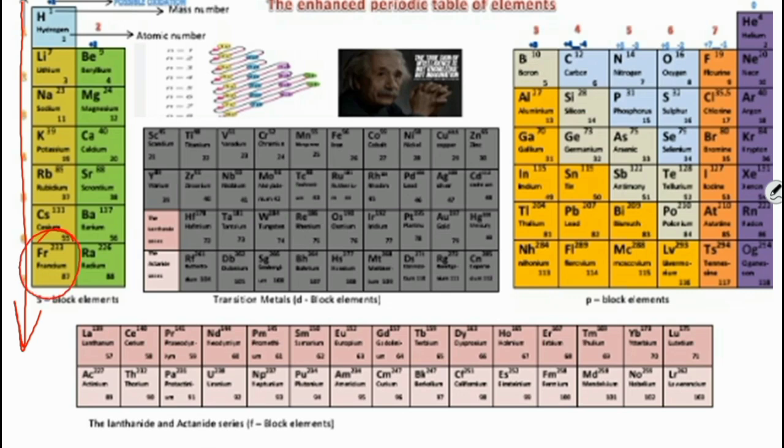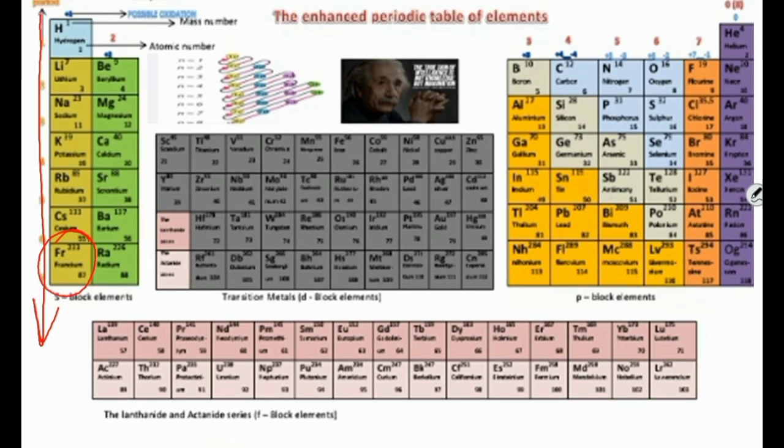And for non-metals, reactivity decreases as you come down the group. So remember, reactivity decreases down the group for non-metals, but it increases down the group for metals.